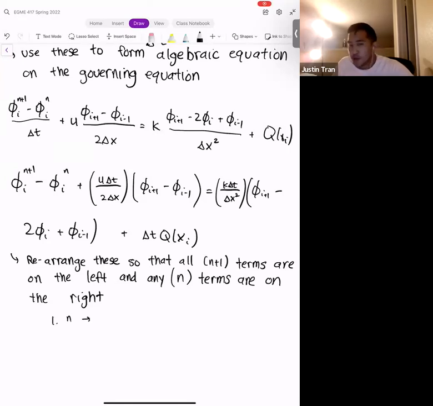And so any phi term that's marked with an n, any of our solutions marked with an n, this represents the solution at the current time step, okay? You can think of this as the solution in the present moment, okay?